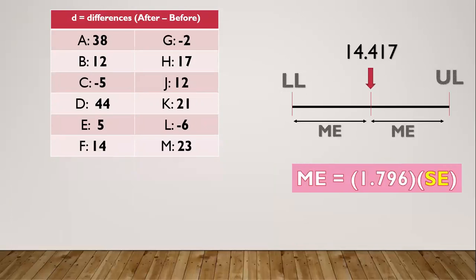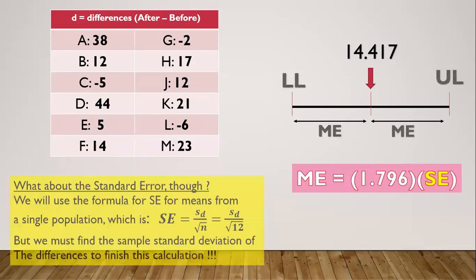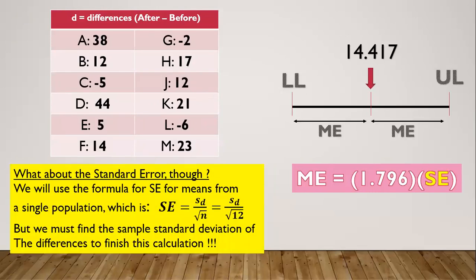Which begs the question, what is that standard error? What is the standard error of our statistic? We said earlier, remember, that we would be using the formula that comes when we work with means from a single population, not the more complicated formula when we have means from two independent populations. That formula simply says that the standard error is the sample standard deviation divided by the square root of the sample size.